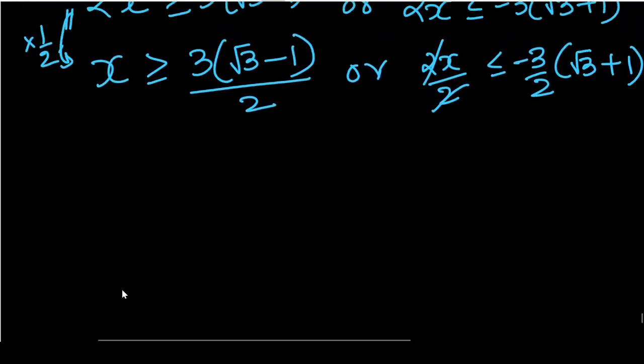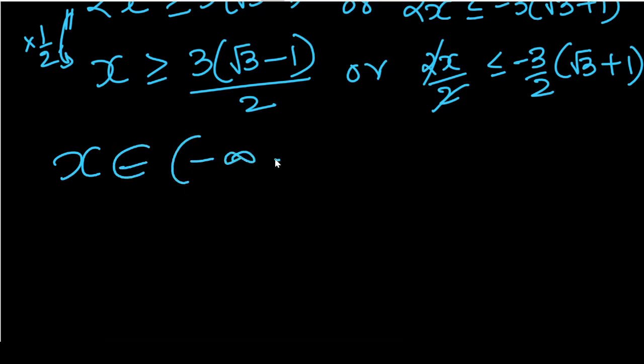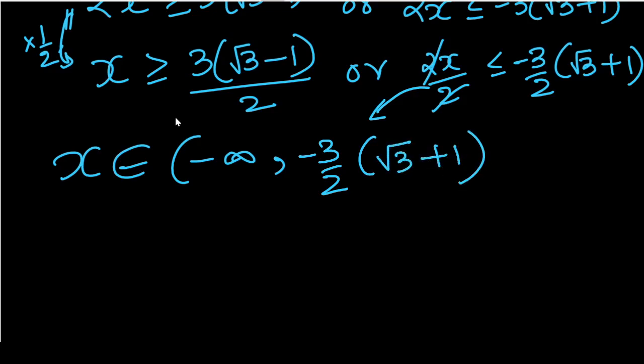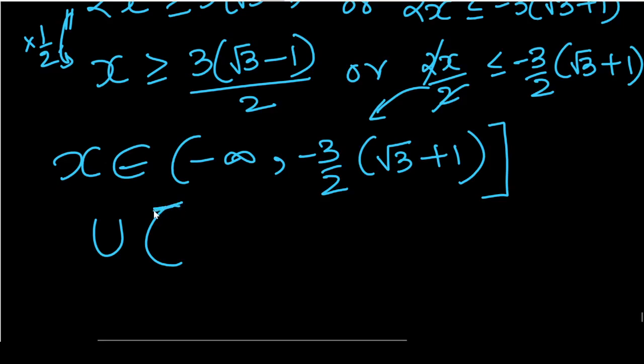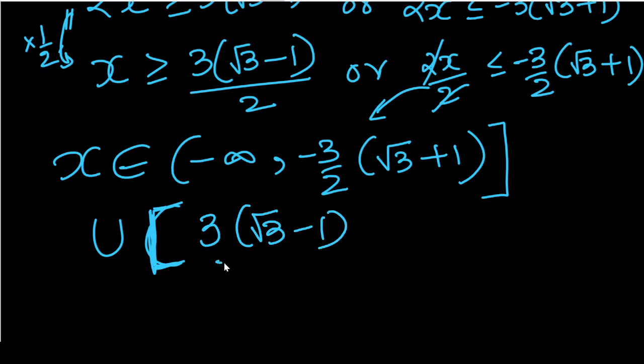In interval form, x belongs to minus infinity to minus 3 by 2 root 3 plus 1, with a close bracket, union, the upper part, 3 root 3 minus 1 by 2 comma infinity, with a close bracket at the start and open at infinity. That would be the answer to this, guys.